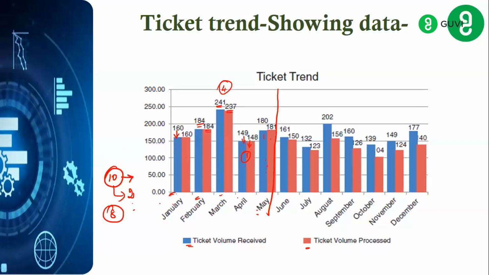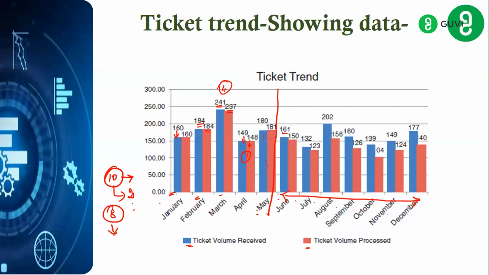After some time, as time goes to June, July, August, September, October, November, December, in these 6 months your team size is only 8. Obviously, you will get a lot of complaints from your team members based on their workload and heavy pressure, right? If you see the ticket received and processed counts, you can easily understand this.